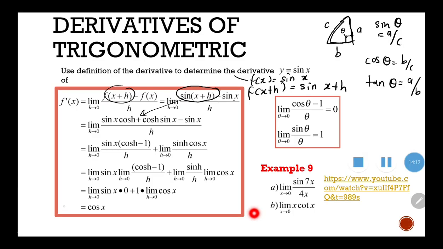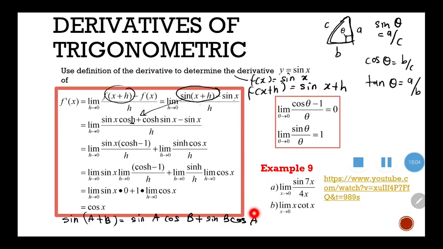Just recap: sin(A+B) is equal to sin A cos B plus sin B cos A. This is not cos, this is cos h, in case any of you are confused.